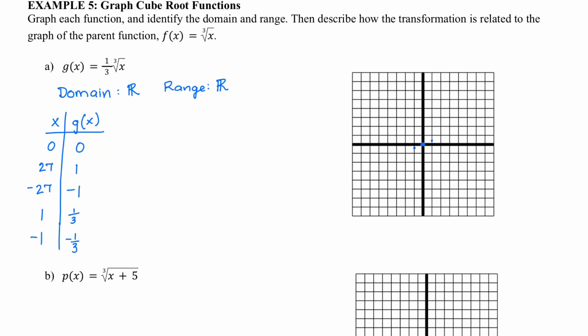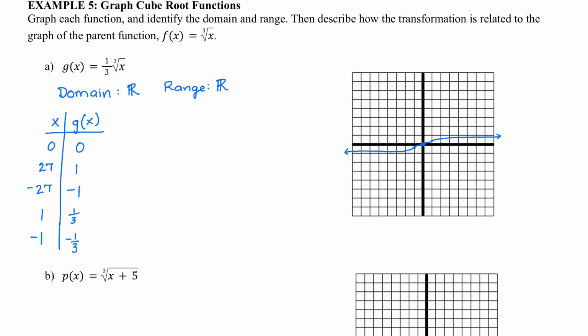While the graph is within our domain here, which only goes to there, we're going to be between -1 and 1, because we have to get all the way to 27 and -27 before we get bigger or smaller than 1 and -1.